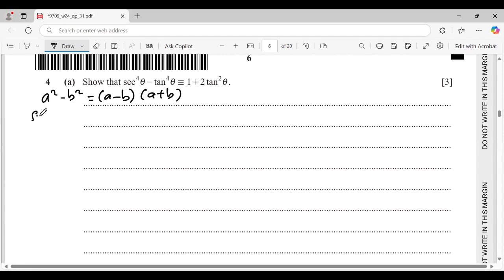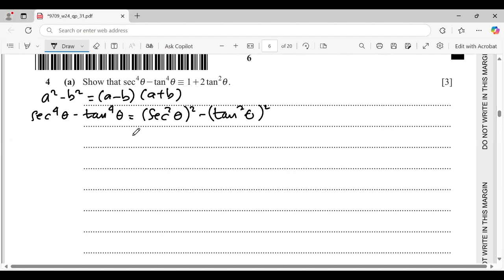So sec^4 theta minus tan^4 theta equals (sec squared theta) squared minus (tan squared theta) squared.